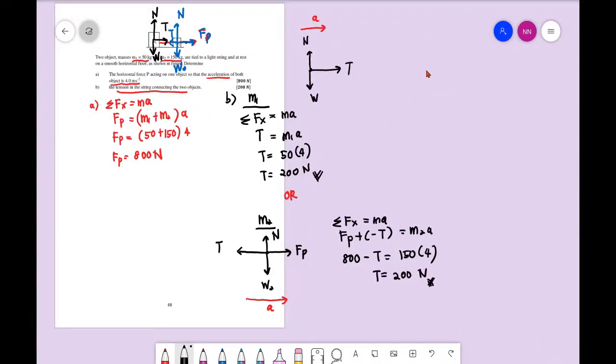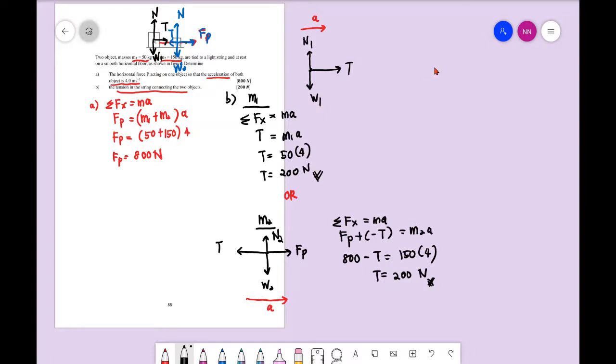Is the normal force N for M1 the same as the normal force for M2? No, they are not the same. Because normal force for M1 depends on weight 1, and normal force for M2 depends on weight 2. It is from net force Y equals to 0.